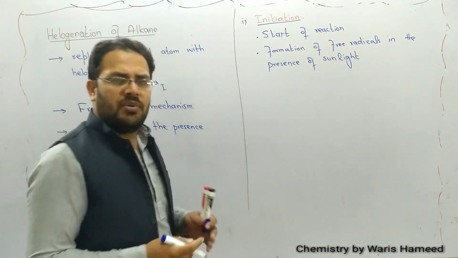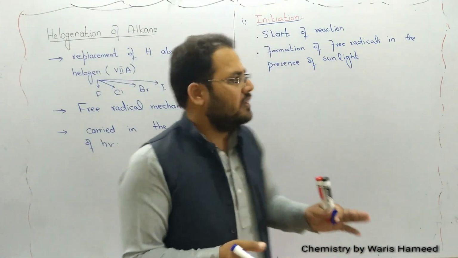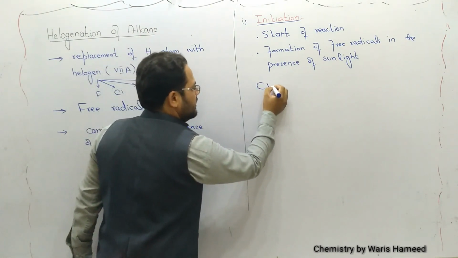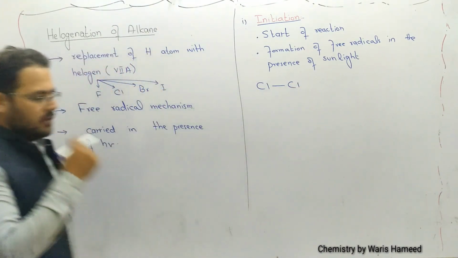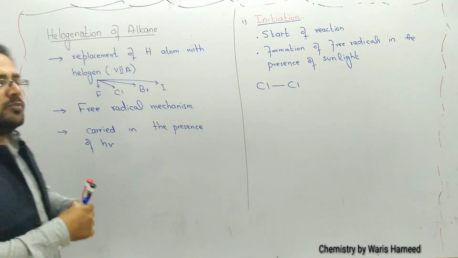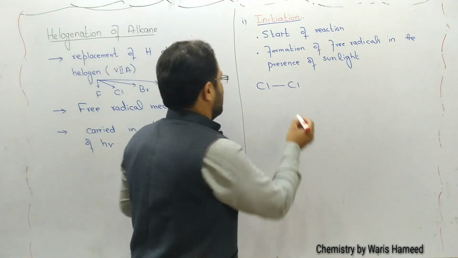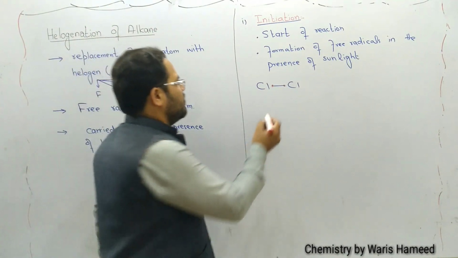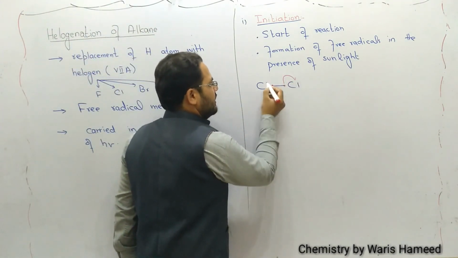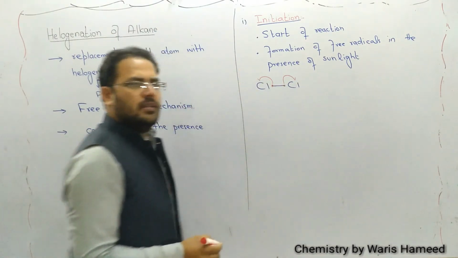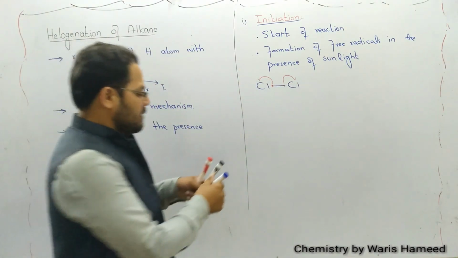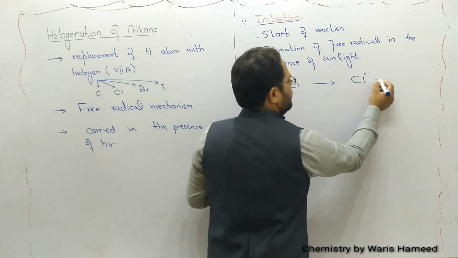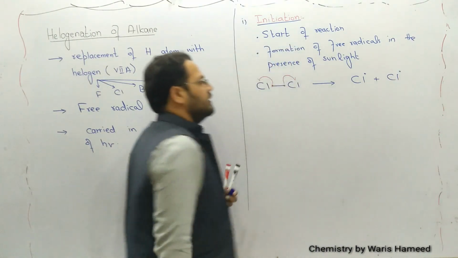If we are going to perform bromination or chlorination, suppose we take a chlorine molecule. During its homolytic cleavage, there will be the formation of 2 radicals. This bond contains 2 electrons. 1 electron will move toward this chlorine, and 1 electron will move toward the second chlorine. There will be the formation of 2 chlorine radicals.